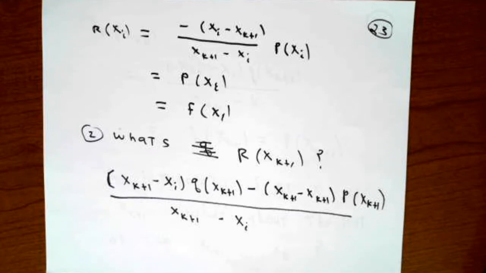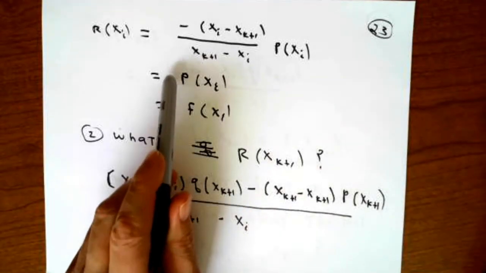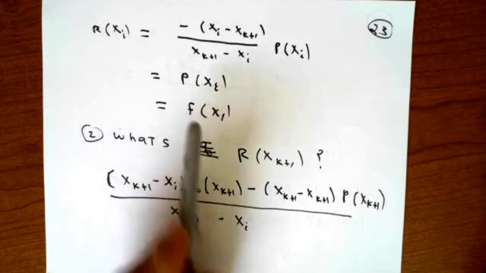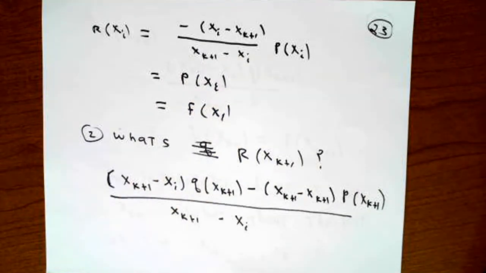But remember, p interpolates f at xi through xk. So p of xi is f of xi. This r polynomial that we've cooked up interpolates the original data at x equal i, the smallest index of all these x's. What about the biggest index?